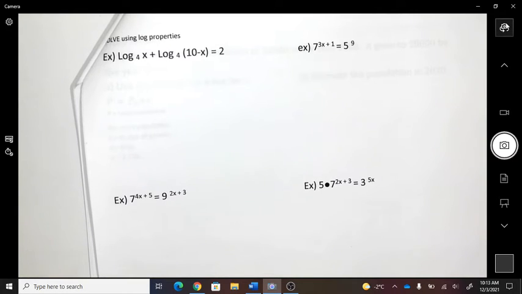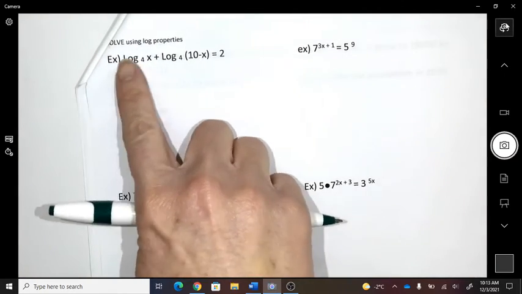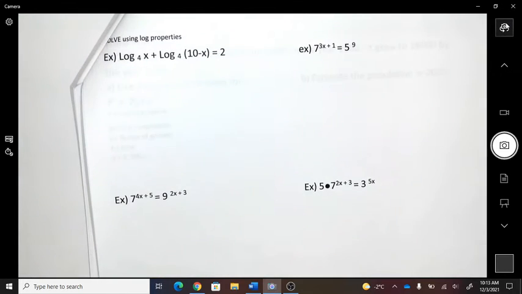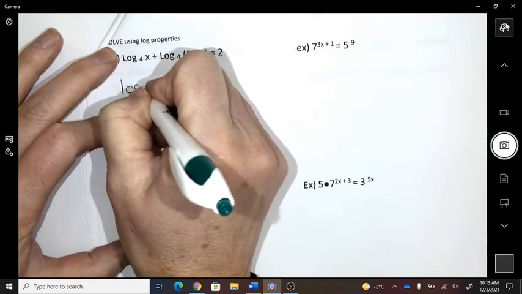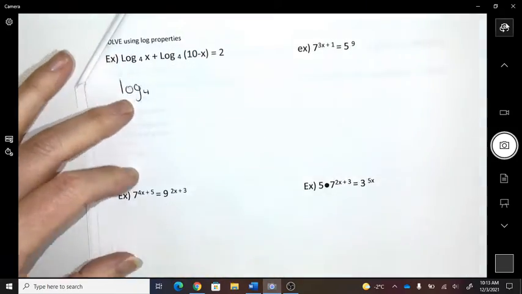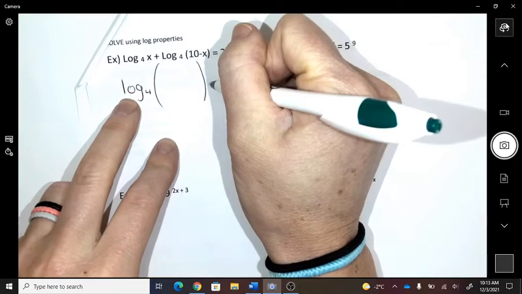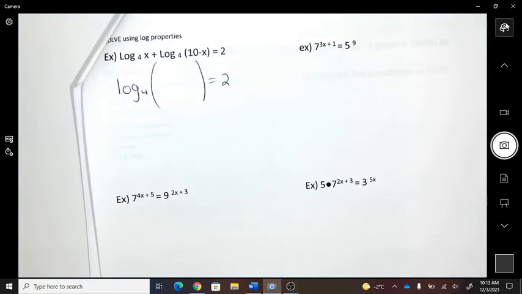Okay, so using all the stuff we've learned, we're going to learn how to solve equations. So what's your first instinct when you see something like this where there's log 4s separated? What do you think we want to do? Put them together. So log 4, so those two separated log 4s I'm going to put together as one.